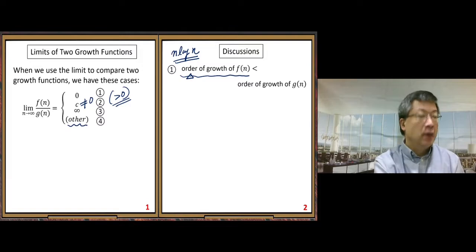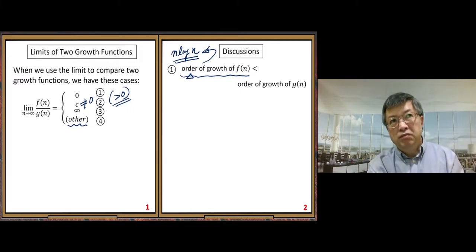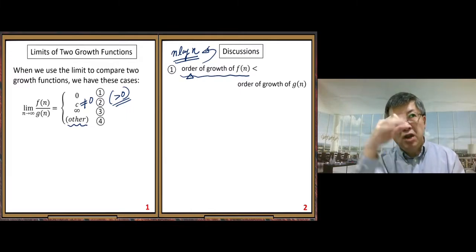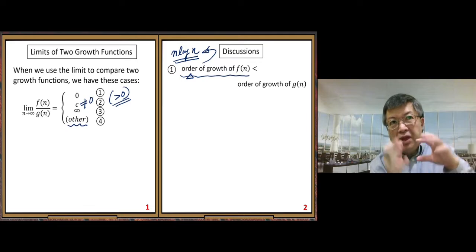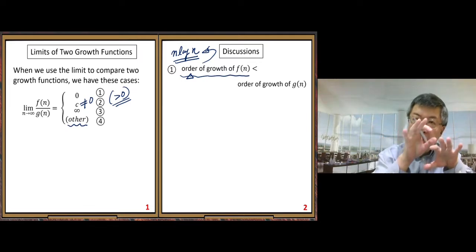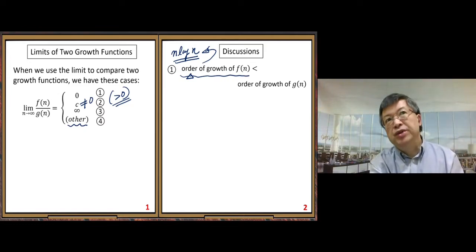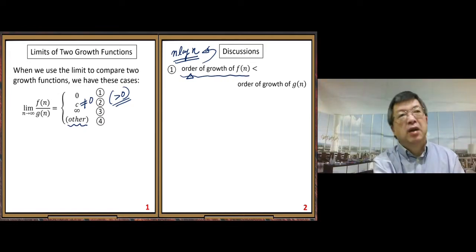So although we have this order term, it's just some comparison type. We can compare that one growth function has a higher order than the other, but usually we do not say an order number, because sometimes we couldn't choose an appropriate order number.